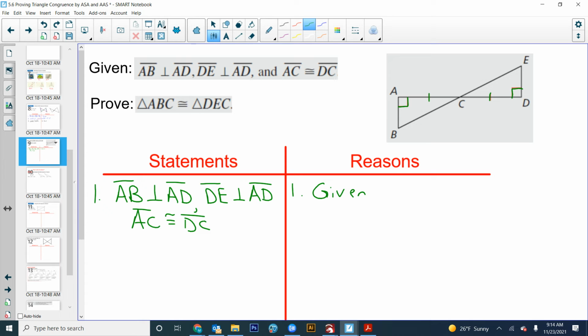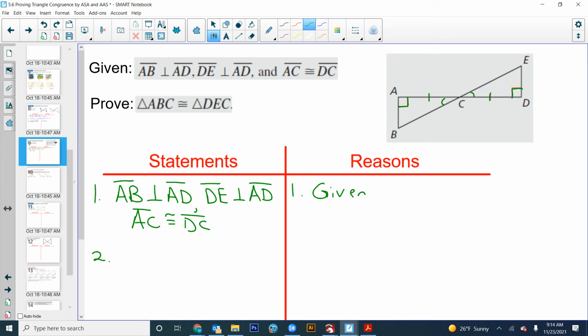McKenna. Triangles are point to point. What are we going to use? Good job, McKenna. Vertical angles. Do you agree? These vertical angles are congruent. So that's an option. And if we do that, these triangles are going to be congruent with ASA. But we got some work to do first.